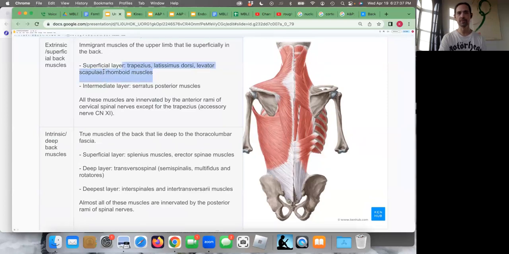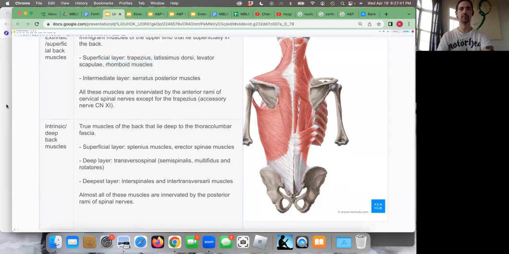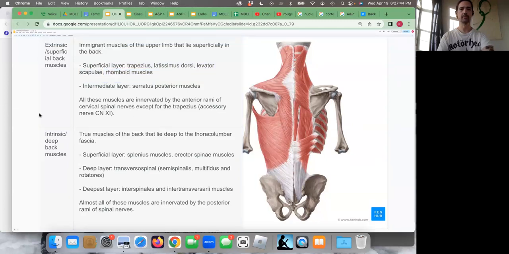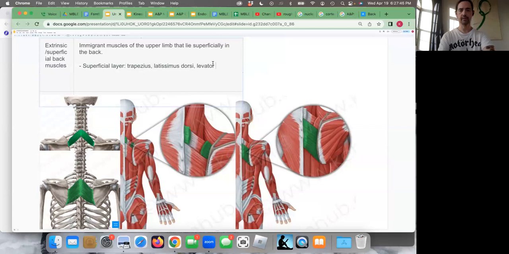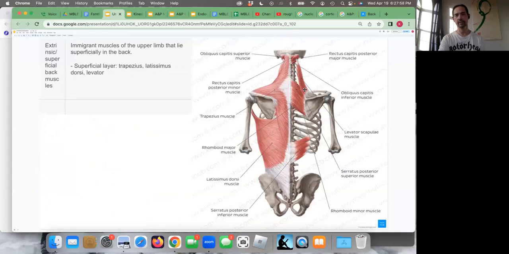Levator scapulae muscles and the rhomboid muscles. On this slide, just the rhomboids are pictured, and on the next one we'll look at the levator scapulae and then the trapezius.